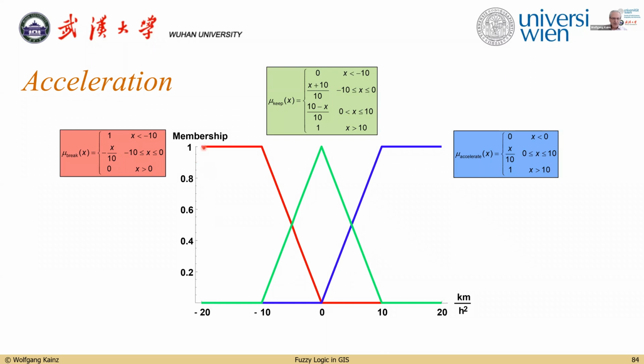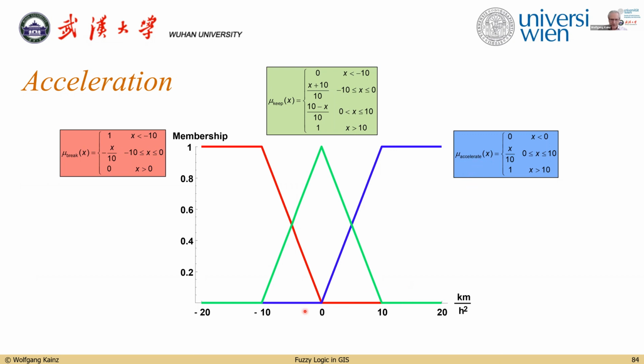So reduce the speed up to -10 is definitely a strong deceleration or braking very hard. Then the membership value decreases. At 0, it becomes 0, meaning the 0 value means we do not change our speed, we do not decrease it, we do not increase it, we just maintain it. And from there on, it stays 0 because we definitely do not brake anymore.